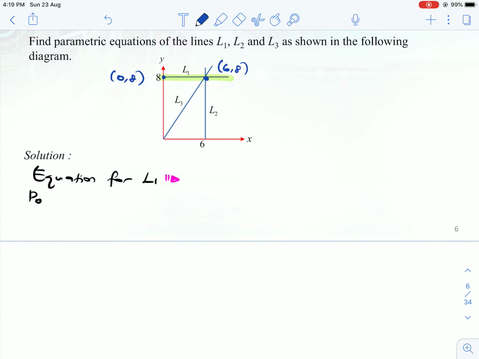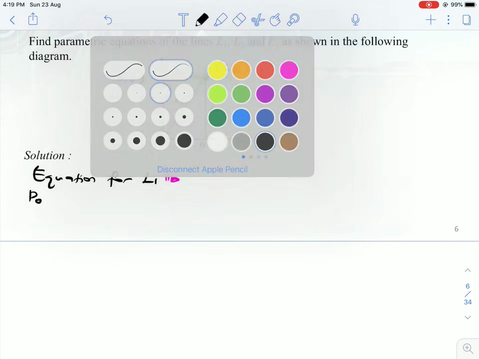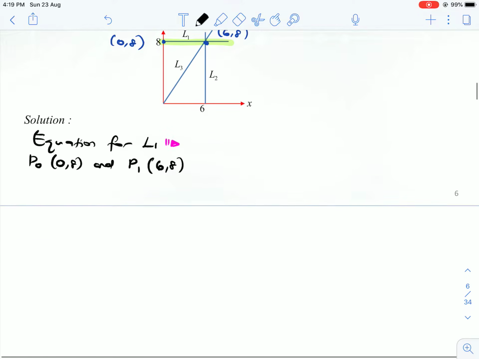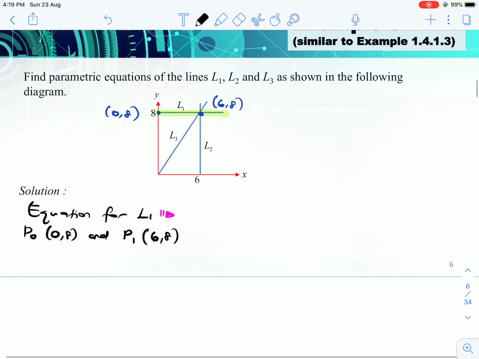So these two coordinates lie on the first line. So now we have P naught (0, 8) and, let's say the second coordinate is denoted as P1, we have (6, 8).